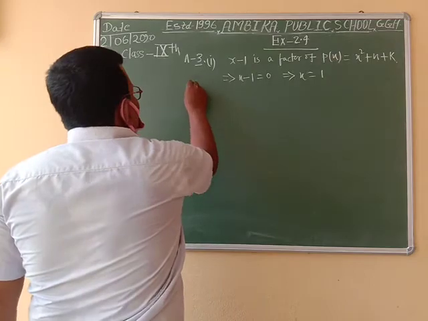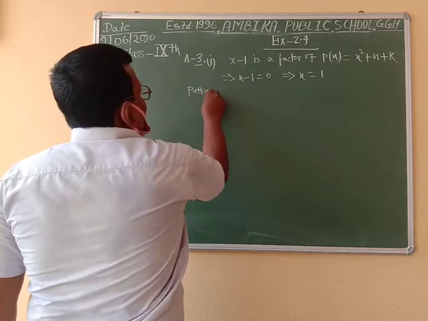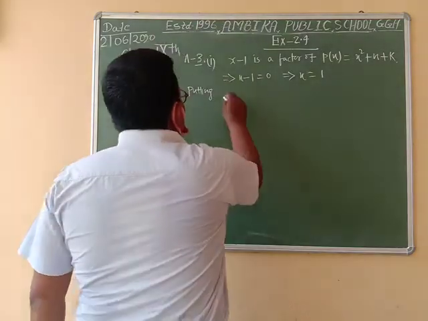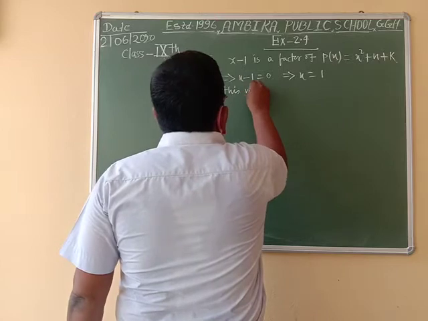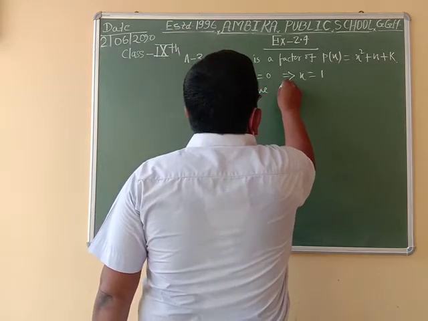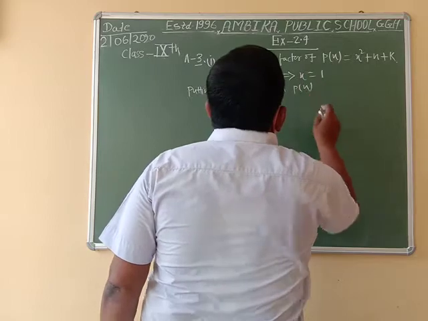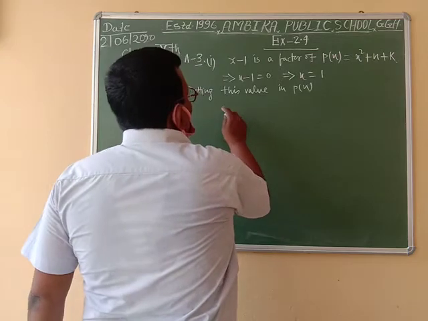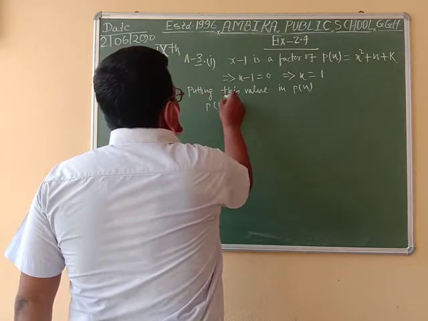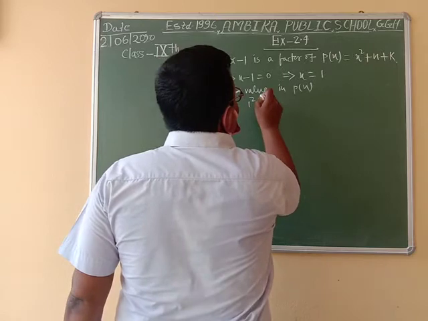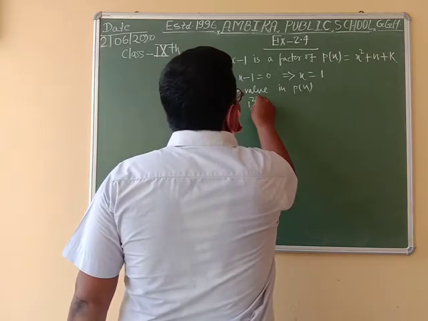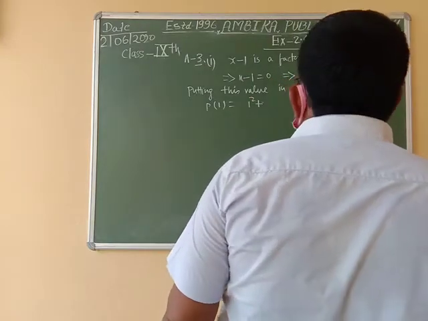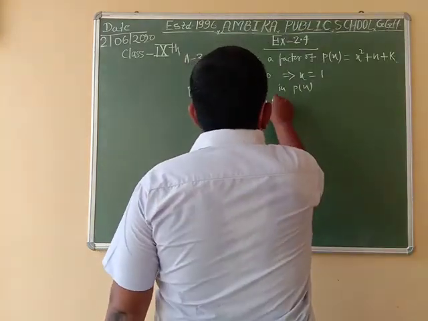Putting this value in p(x), p(1) is equal to 1 square plus 1 plus k.